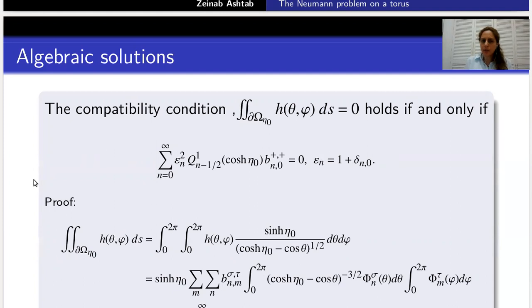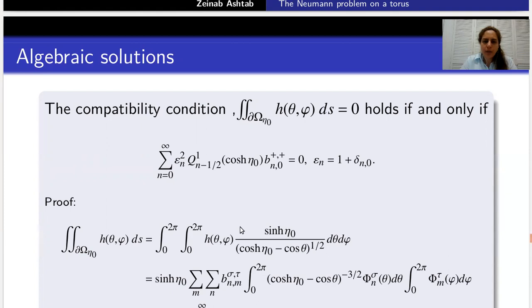In other words, the double integral of h of theta phi on the boundary of domain omega eta naught is equal to 0 if and only if this expression is equal to 0, where epsilon n is equal to 1 plus omega n 0.